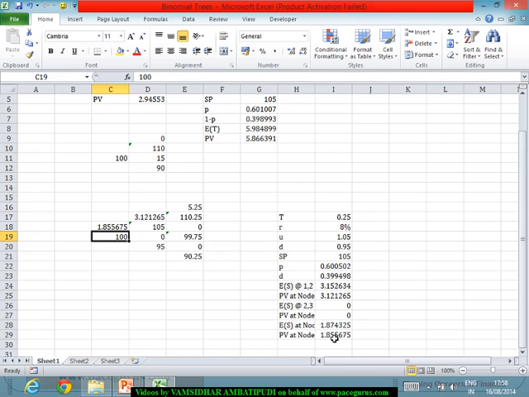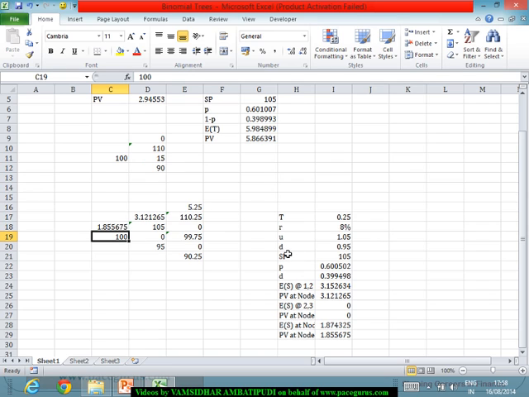Evaluate the value of each of the nodes using the one period binomial tree approach, using the probability of up movements and down movements, and work backwards until node 0, and that will give us the present value of the call option, or present value of the benefits in case the option is exercised, which should be the price associated with the call option. So as per the two-step model, this call option should be worth 1.85 bucks.